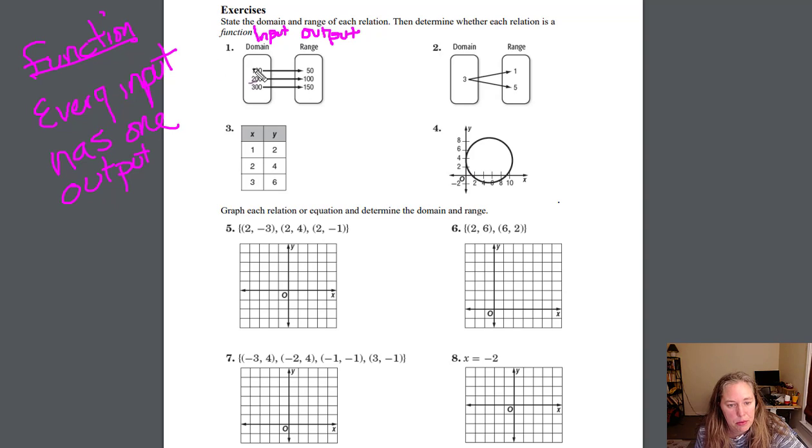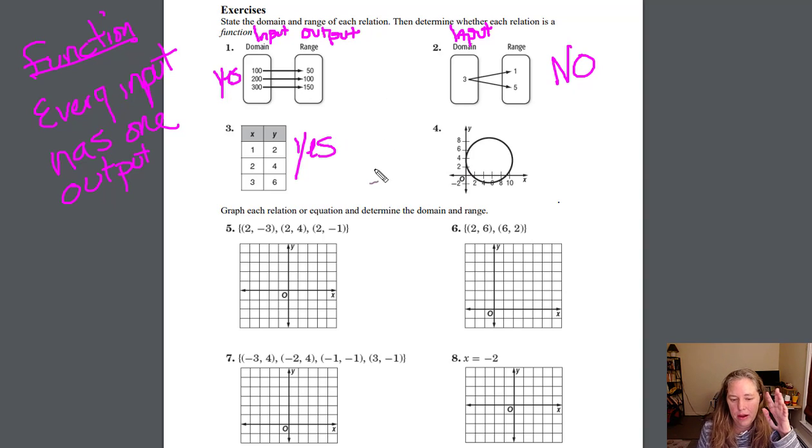So we're going to look at the inputs here. 100 has 1 output, 200 has 1 output, 300 has 1 output. Yes, this is a function. Whereas over here, our input of 3 has 2 different outputs. Nope, not a function. When you're looking at it in a table, an input of 1 has an output of 2. An input of 2 has an output of 4. An input of 3 has an output of 6. Every input has 1 output. Yes, this is a function.